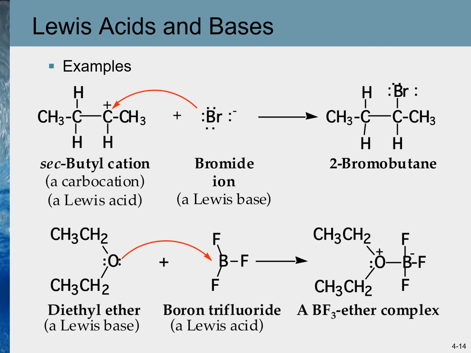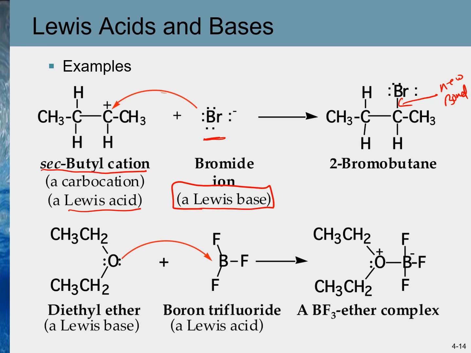So in this reaction, the bromide ion is donating a pair of electrons to form a new covalent bond. Therefore, bromide is a Lewis base because it is donating, and this butyl cation is a Lewis acid because it's accepting a pair of electrons to make a new covalent bond.